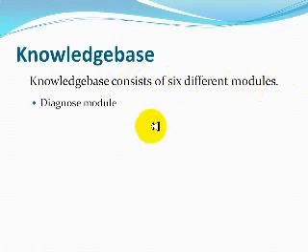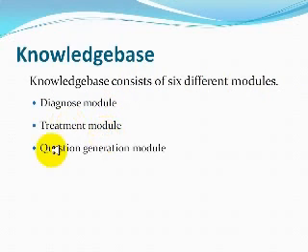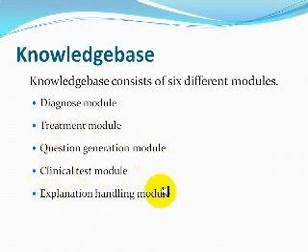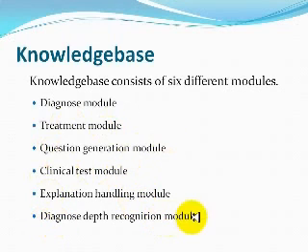The knowledge base consists of six different modules. These modules are named after their purposes: diagnose module, treatment module, question generate module, clinical test module, explanation handling module, and diagnose depth recognition module.